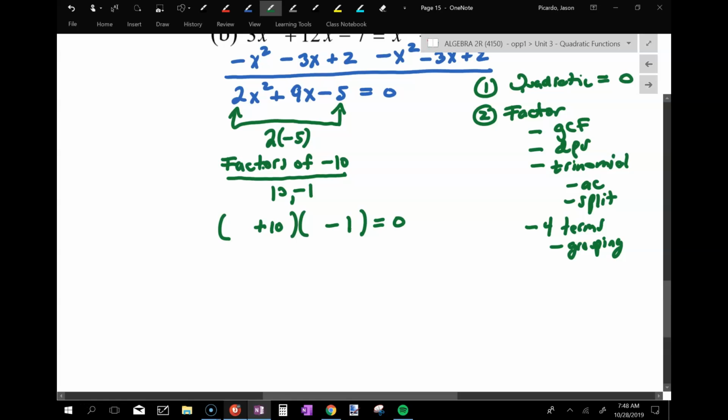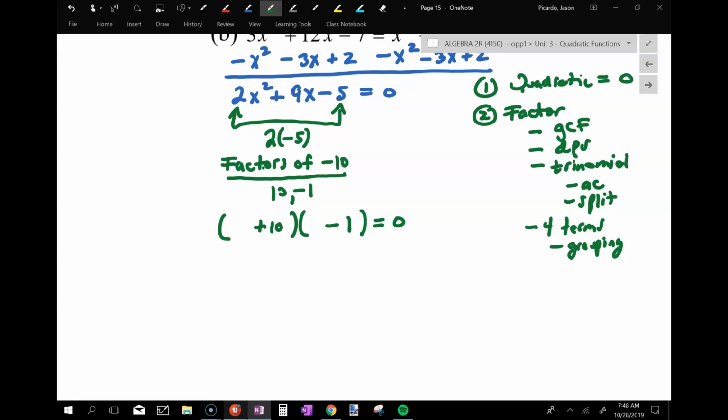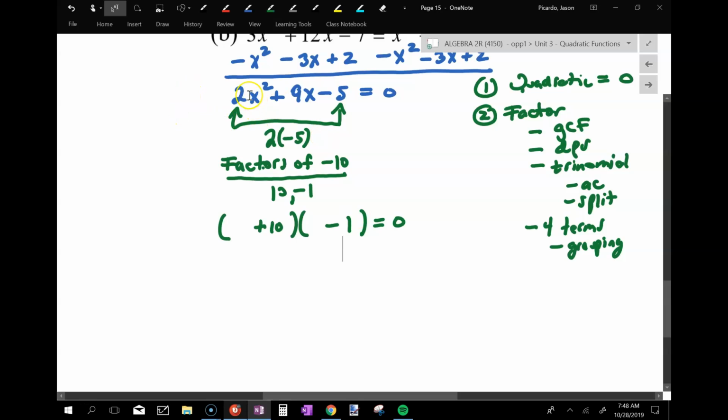And what goes in the front? 2x. Why 2x? Because it was a 2x squared, right? So I know that that's why I did an AC method to begin with, because this number wasn't a 1. Anything I can do with the 2x plus 10? Take out a 2.